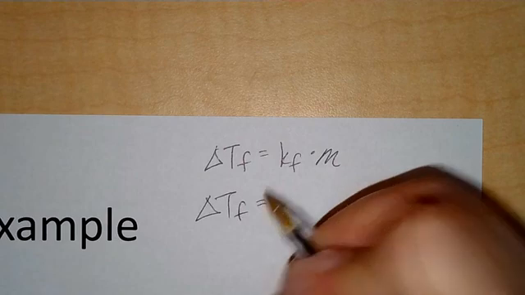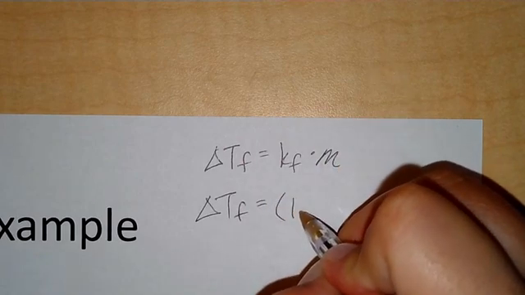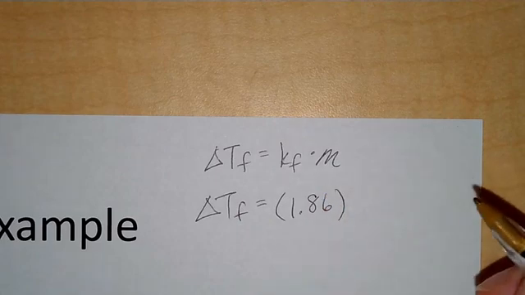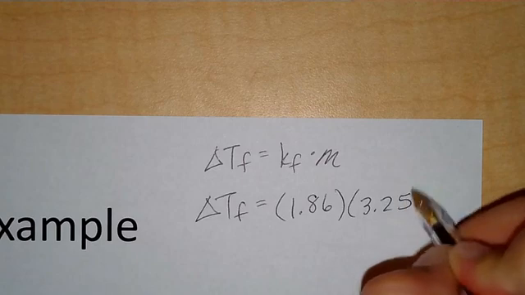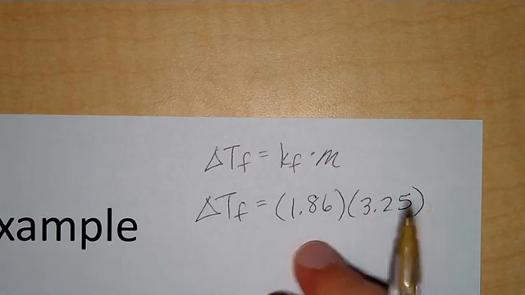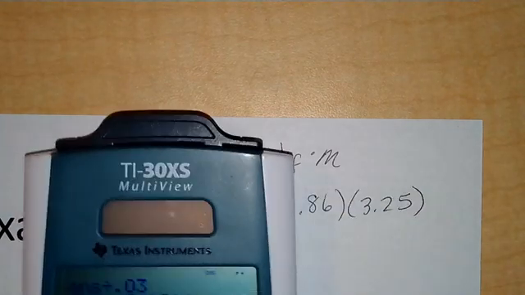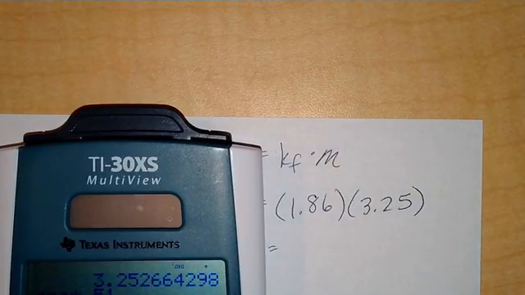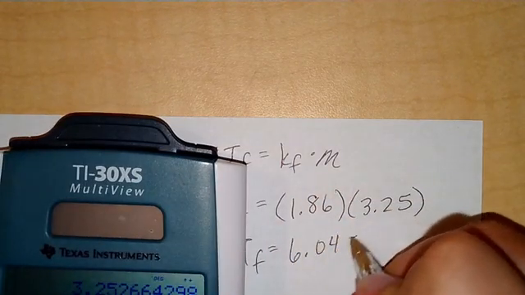We're just going to insert it with our Kf. So our molality was 3.25. We're going to multiply by the Kf. So 3.25 times our Kf value gives us 6.045 degrees Celsius.